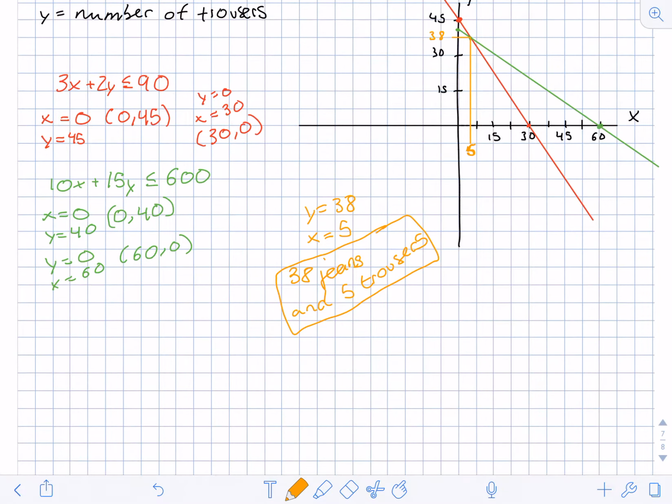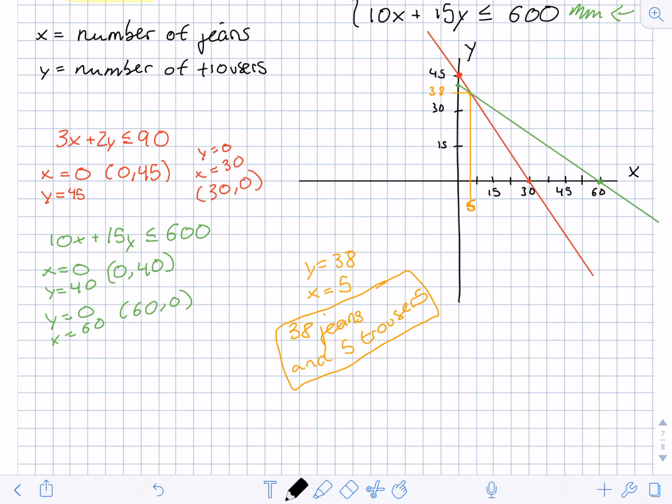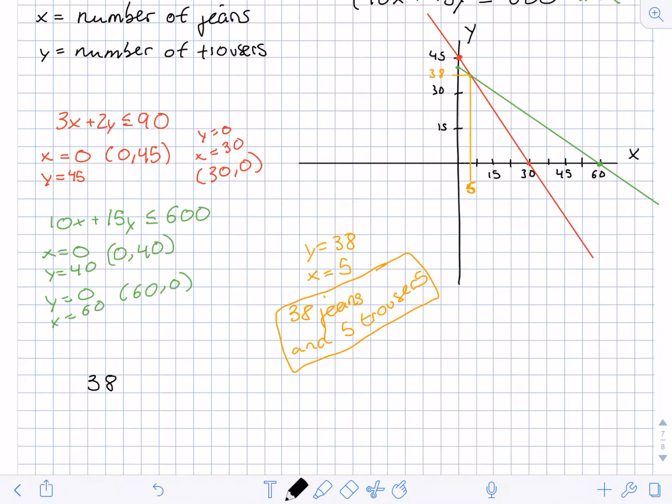Okay, basically to check it, we're going to check the data we have. So we make 38, we're going to first check the hours. Genes take, as it says on the top, 3 hours, so 38 by 3 plus 5 trousers by 2, that is 10.